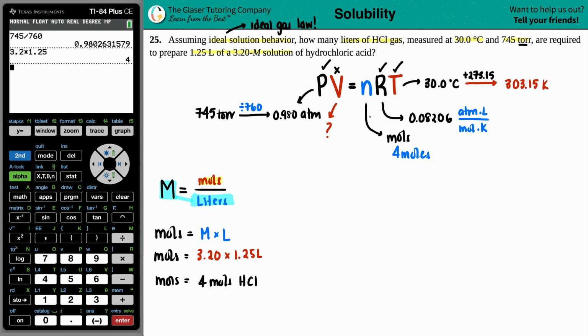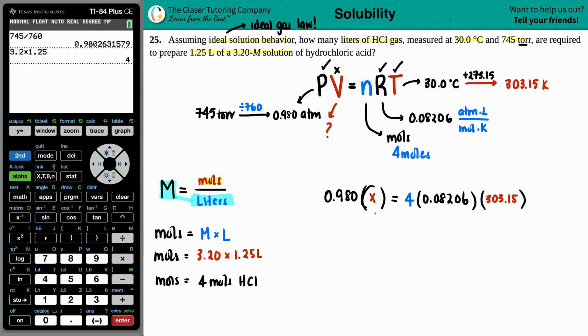So now we're just going to plug it into PV equals nRT. 0.980 times the volume, which is X, equals the moles, which is 4, times 0.08206 times that temperature, which is 303.15.